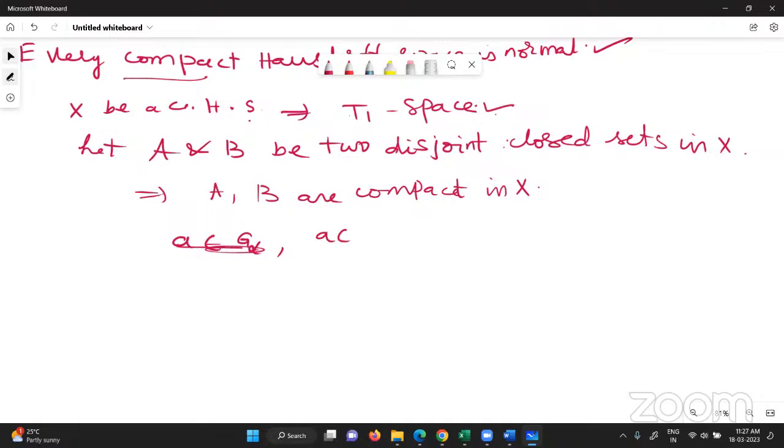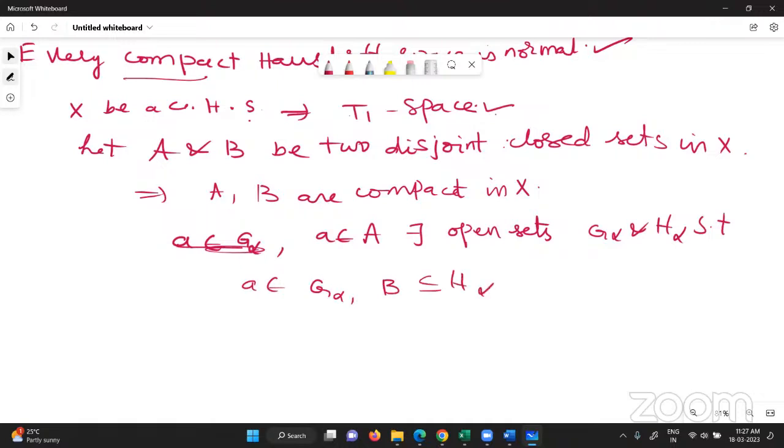So for any a belonging to A, there exist two open sets G alpha and H alpha such that a belongs to G alpha, B is a subset of H alpha, and G alpha intersection H alpha is empty.